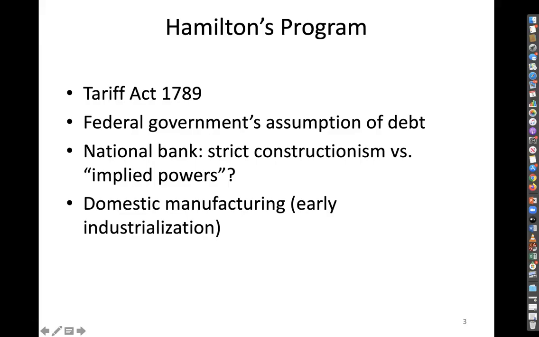And that's the reason why we have Washington, D.C. as our national capital. It relates to the second bullet here, as the compromise surrounding that issue. And then third in Hamilton's program was the creation of a national bank, right?